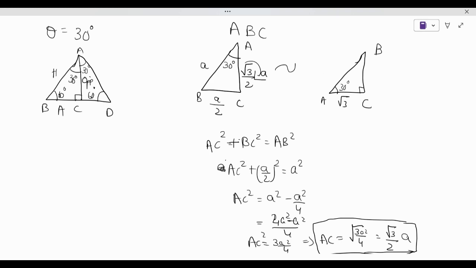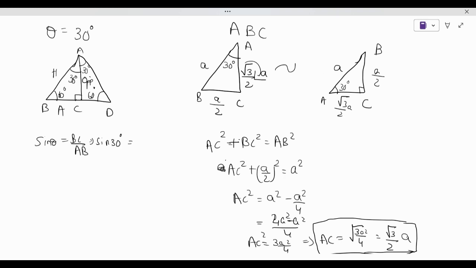This is root 3 by 2A, and this is BC, which is A by 2, and this is A. Now sine theta will be equal to BC by AB. So sine 30, now theta is equal to 30 degrees.